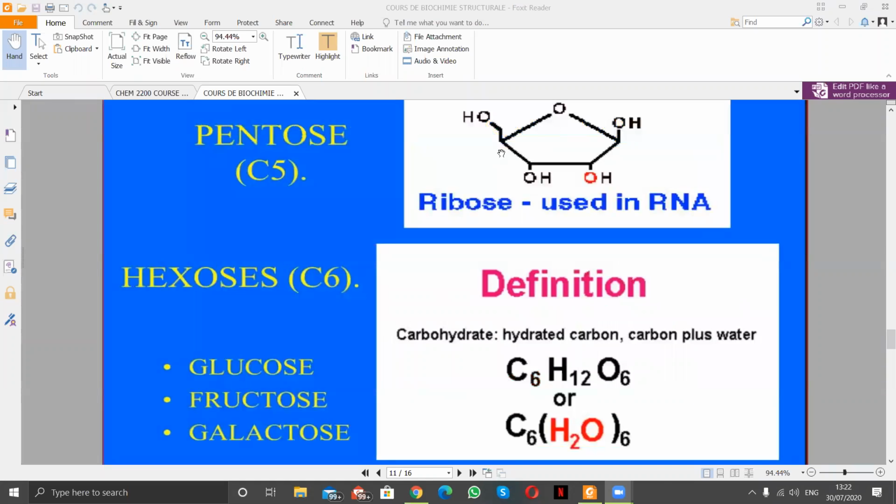Yeah. Then I want to explain something here. I talked about the ratio. I said most monosaccharides have a ratio of 2 to 1. In the first place, observe this formula. That is a hexose. It contains 6 carbon atoms.